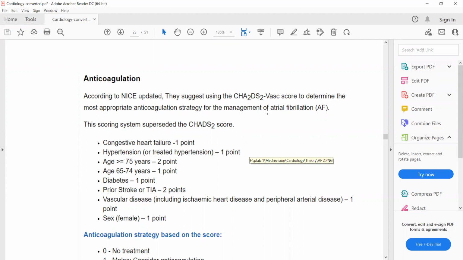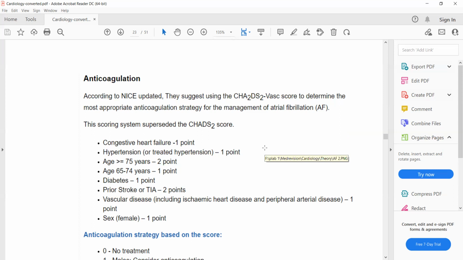And VASc, VAS, vascular disease, such as ischemic heart disease, peripheral arterial disease, 1 point for vascular disease. And the last one is Sc, which stands for sex category. If the female sex, then 1 point.